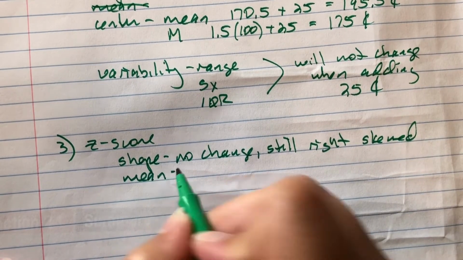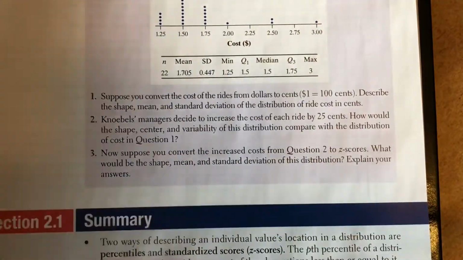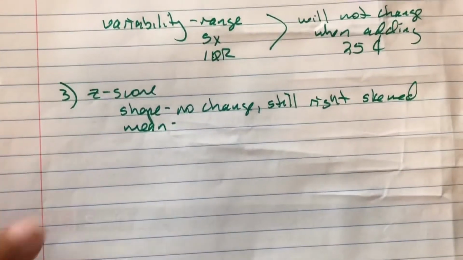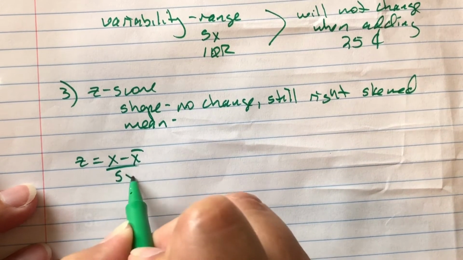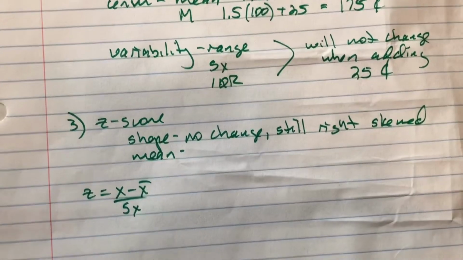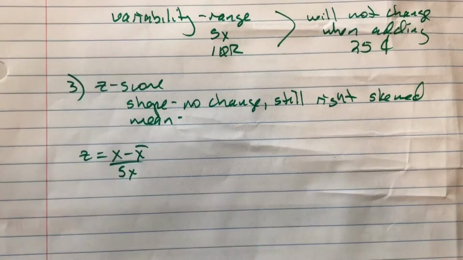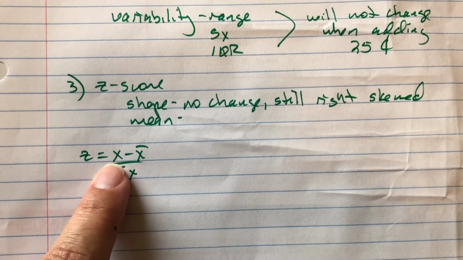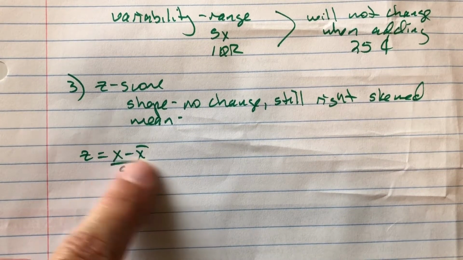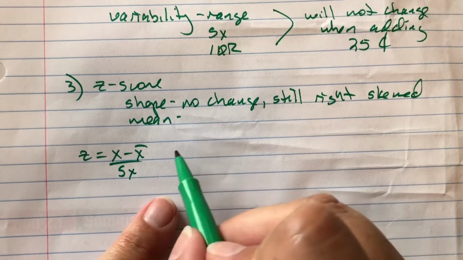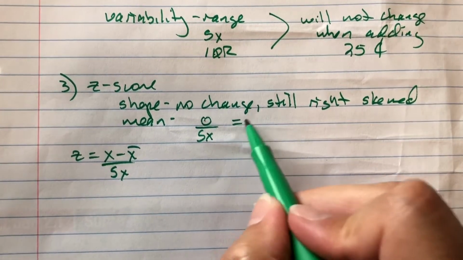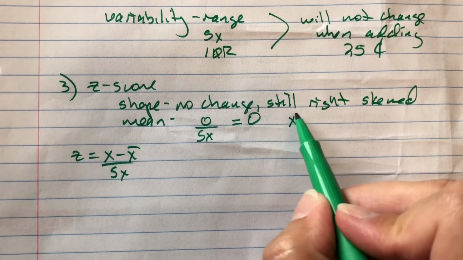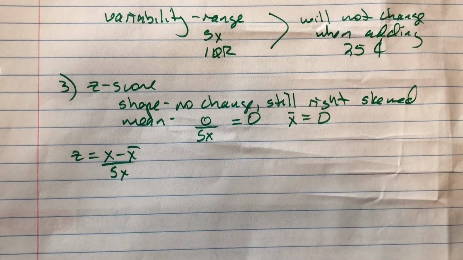Mean, right, it asks for mean. Yep. Okay, now remember our z-score formula, x minus the mean over the standard deviation. Well, if I was going to z-score, I would take the mean and I would minus the mean. So I'm going to get 0. So I'm going to get 0 divided by whatever the standard deviation. Well, 0 divided by anything is 0. So my transformed mean would just be 0.